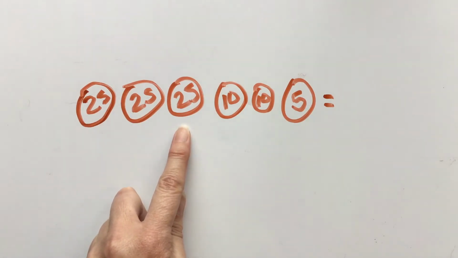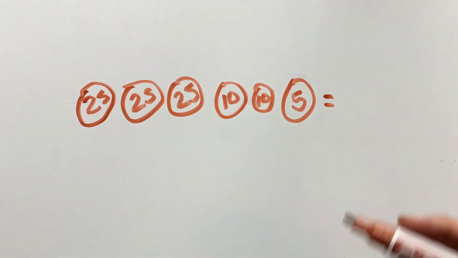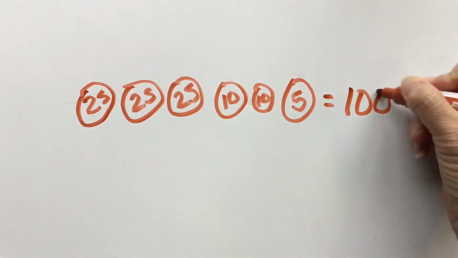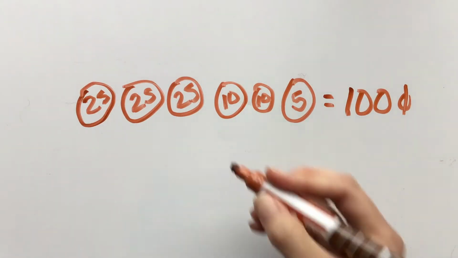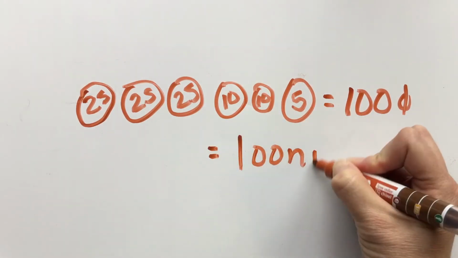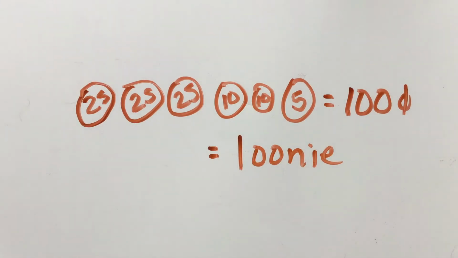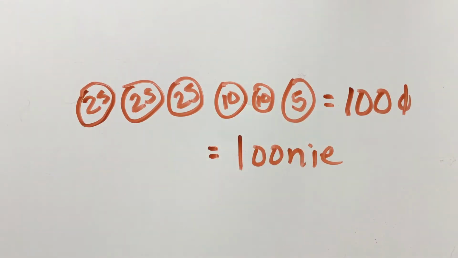Then we count our smaller coins. 85, 95, 100 cents. Again. Now, do we understand that there is one coin that is worth 100 cents? Yes, we do, and it is the loonie. So that is one coin that equals the value of all of these coins.